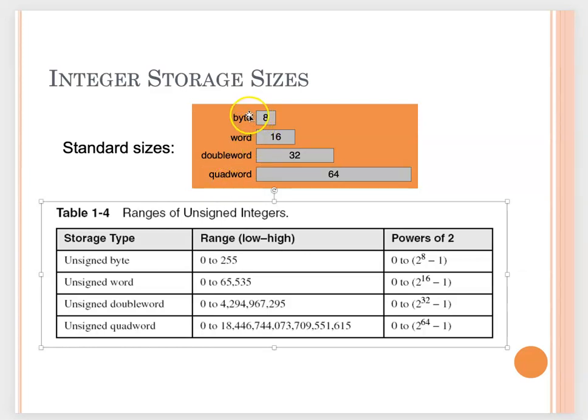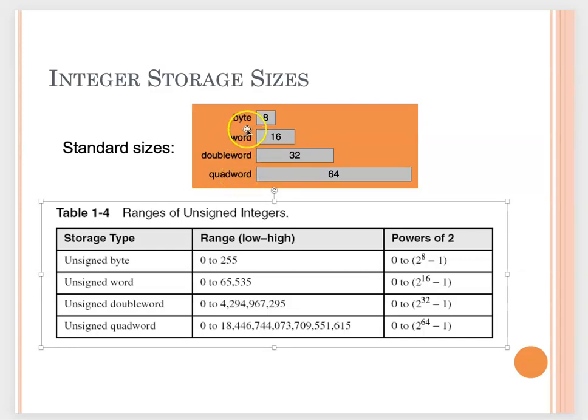In assembly language, they don't really have integer, double, or character data types. We only care about the storage size. You just reserve a location with how many bytes you want: 1 byte, a word of 2 bytes, a double word of 4 bytes, and a quad word.